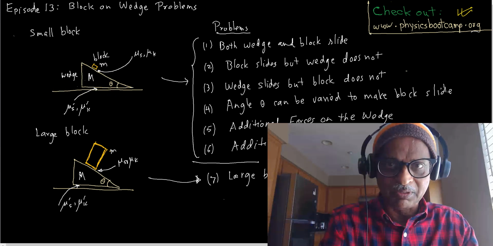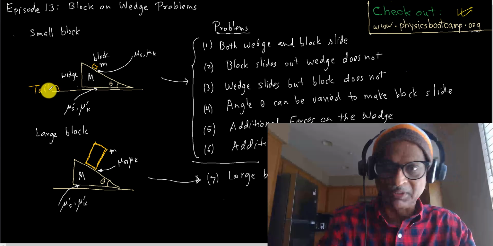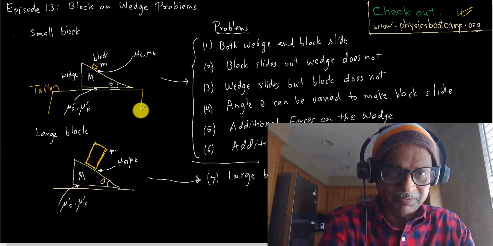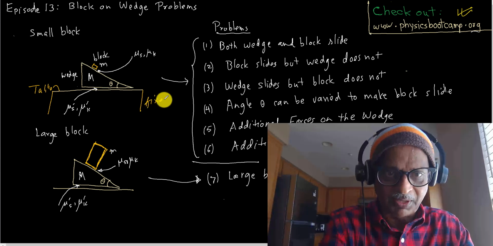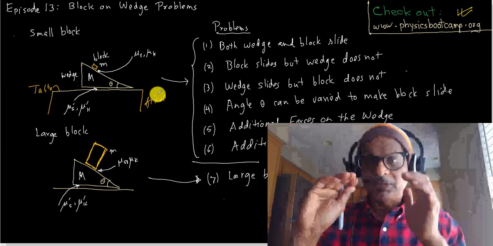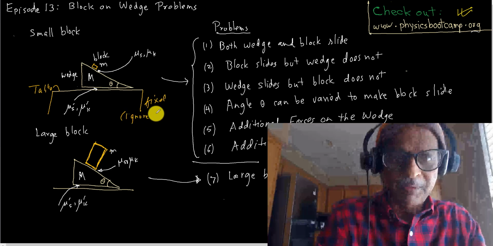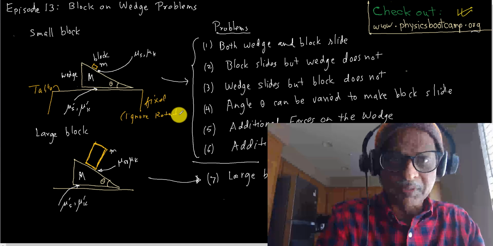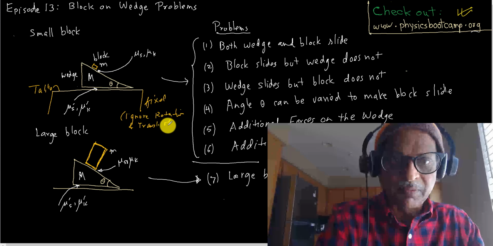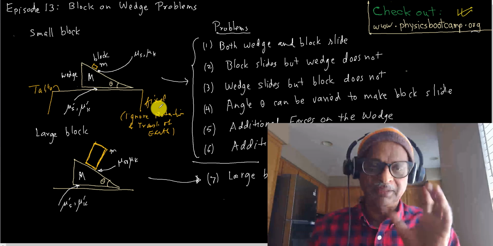Let's call it the table surface, and the table itself will be considered to be fixed to earth, and we're going to ignore the motion of the earth, the rotation and translation of earth. So in all of these problems, those things are behind the scene, and you just ignore that.